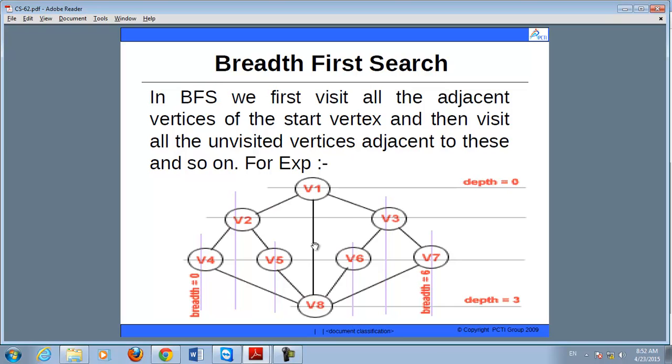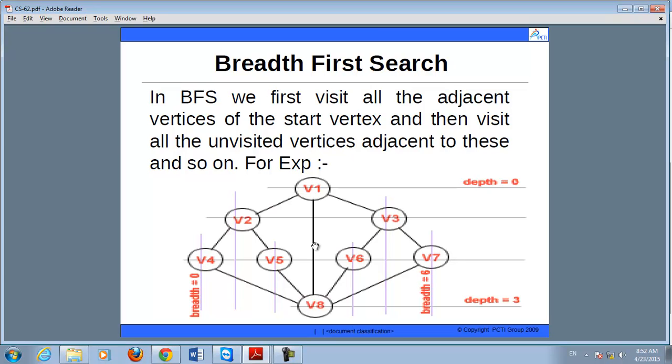Firstly, you visit all the adjacent vertices of the start vertex, then visit all the unvisited vertices adjacent to these, and so on. In breadth first search, all the adjacent vertices are visited before going to any unvisited vertices. Adjacent means the neighbors of that particular vertex. In BFS, we mainly consider the adjacent vertices, and in DFS, we mainly consider the depth of the particular node.